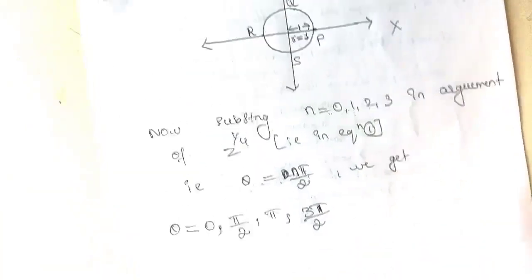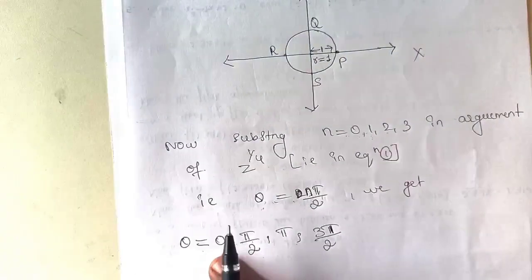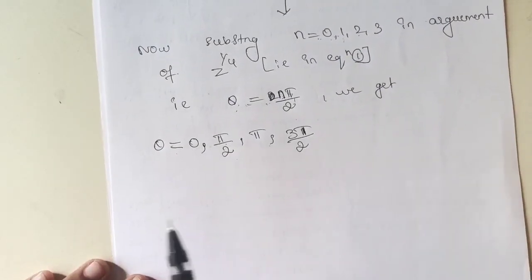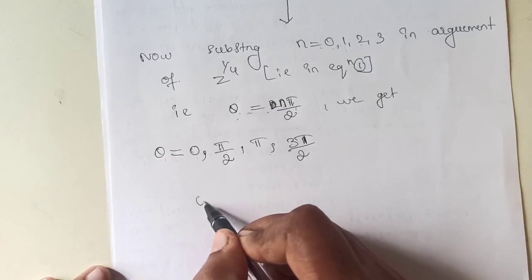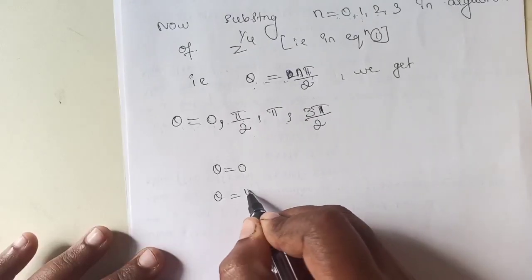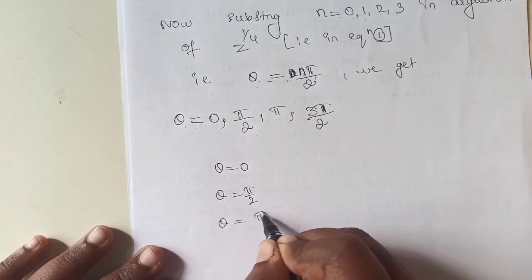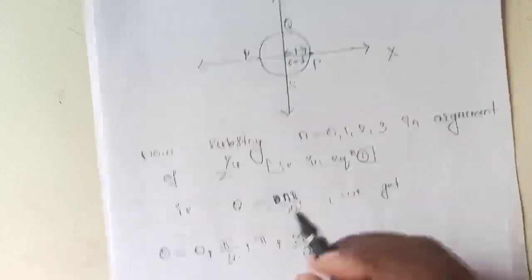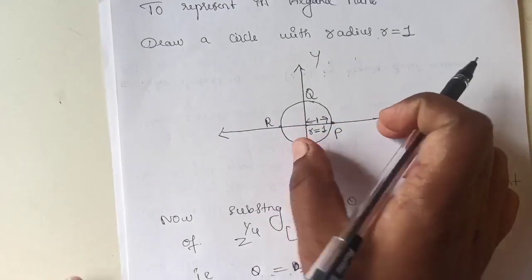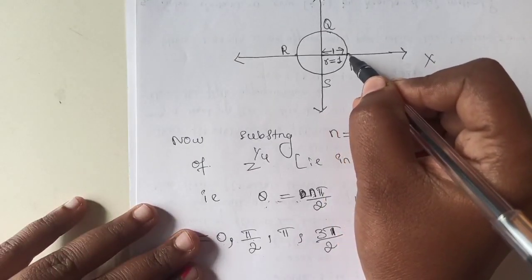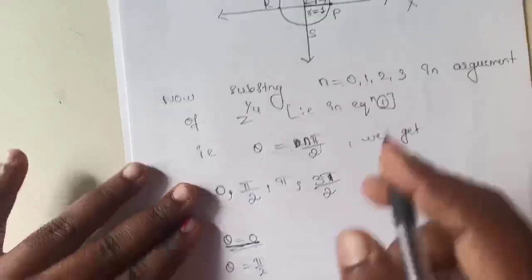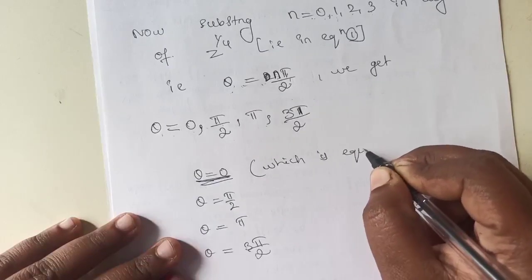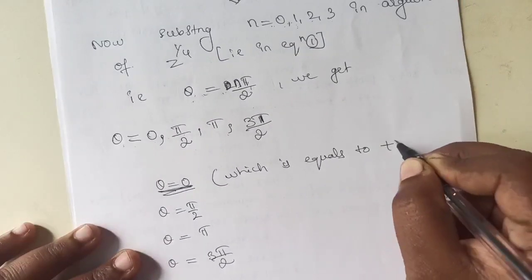Okay, now we draw the lines theta equals 0, theta equals pi by 2, theta equals pi, and theta equals 3 pi by 2. You can observe that theta equals 0 is the x-axis itself, so it lies on the positive x-axis.